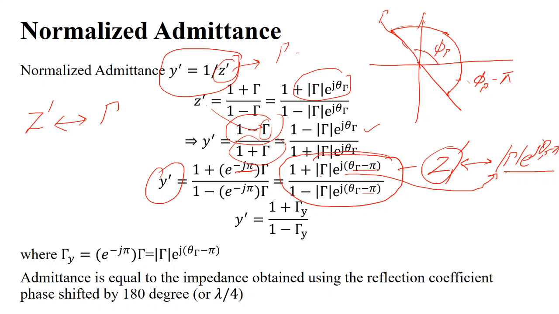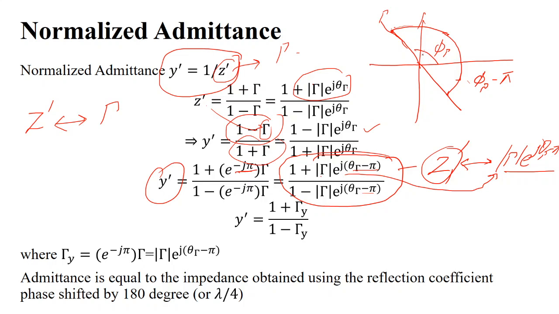Similarly, if you know the admittance, you convert back, because when you move in reverse, you have to add the pi. You move by 180 degrees and you will get the next complex number, which will be the inverse of this one. So these two relations are inverses. If you move by 180 degrees, the complex numbers are inverses of each other. If this is admittance, this will become the impedance, and if this is impedance, this will become the admittance.